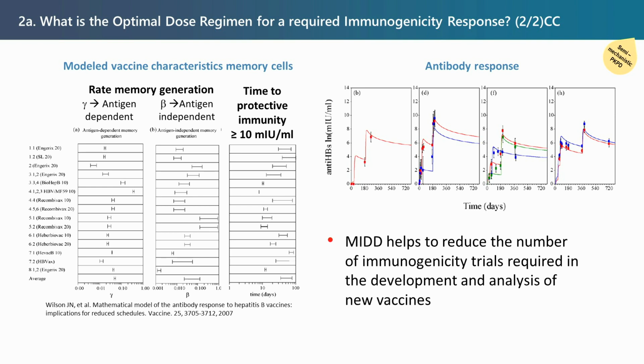The average time to develop memory levels above 10 mIU/mL is the best indicator for time taken to develop protective immunity after vaccination. The plot at the right shows model fit of the data. Each curve represents a different study. The 21 different studies with 8 different vaccines and different dose regimens were well described by this relatively simple model.